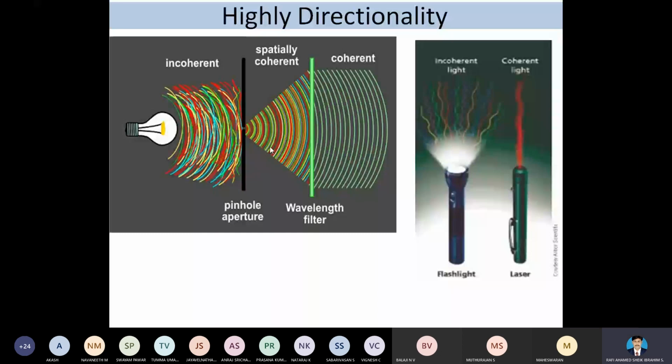In ordinary light, we have various wavelength variations, but for the laser, we have only a particular wavelength region. That's why we see the VIBGYOR colors. We use a red laser pointer, a green laser pointer, a white laser pointer. So there are many colors in laser pointers. The particular wavelength we can get out, the particular light we can make exit. That's called coherent.